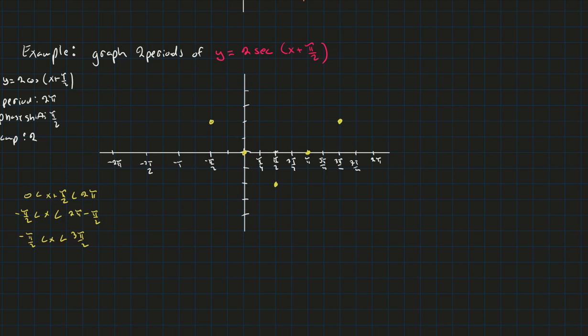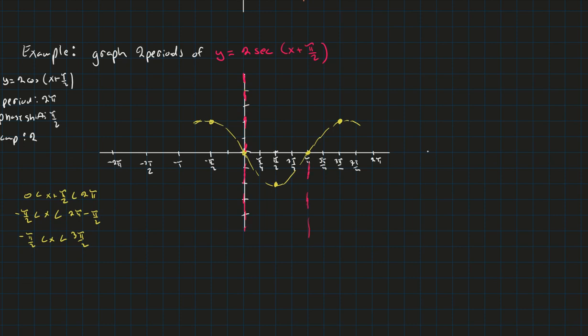And let's graph this thing up. So this is right here. Okay, so asymptotes at the x-intercepts. Right over here is our asymptote.